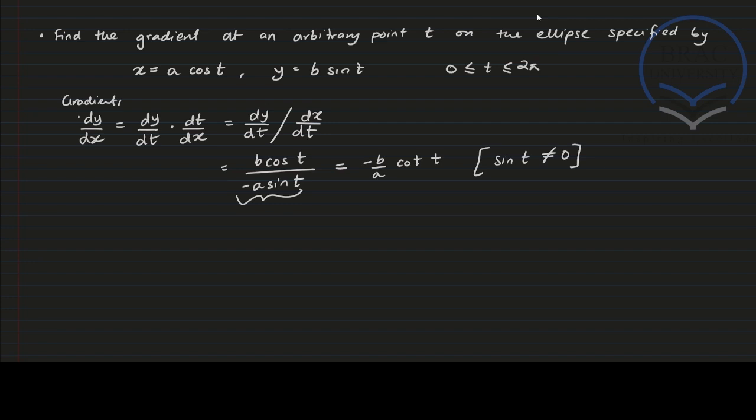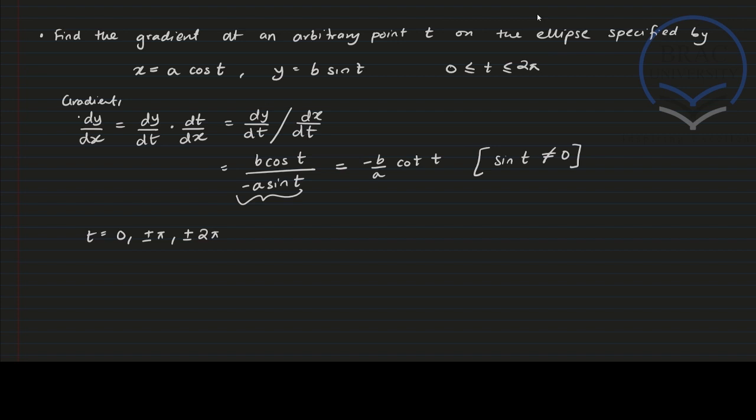In fact, the values at which sine t is equal to 0 are t equals 0, plus minus pi, plus minus 2 pi, and these are the points at which the tangent to the ellipse is parallel to the y-axis. So we found the gradient of the ellipse at an arbitrary point specified by x and y.